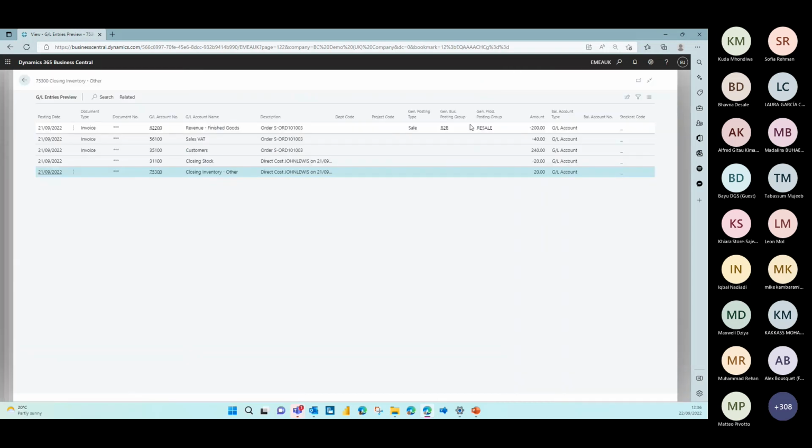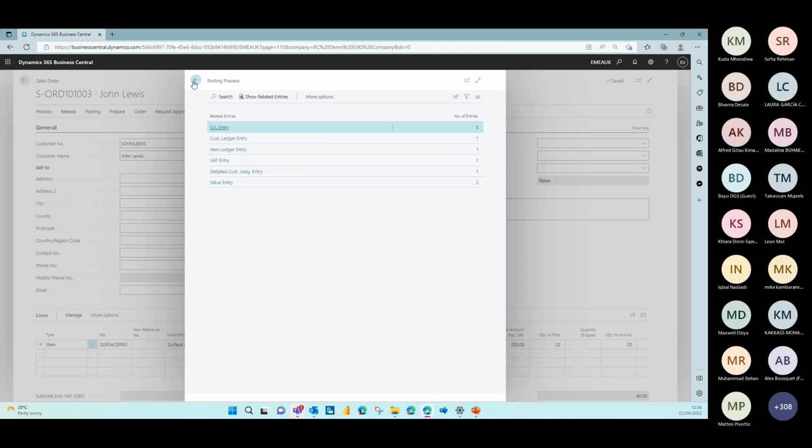And this time, look, it's updating the closing stock again, not reversing it, but taking out 20, which is at £1 each, because remember, closing stock is at cost, not at selling price. It's always at cost. And then you have your revenue, your sales, and your VAT, and your accounts receivables.